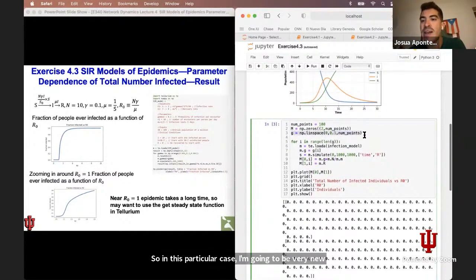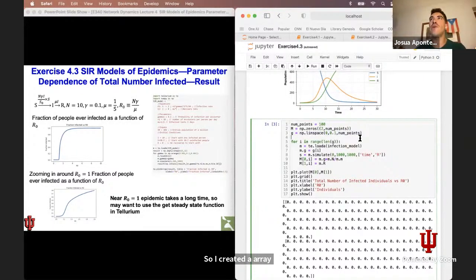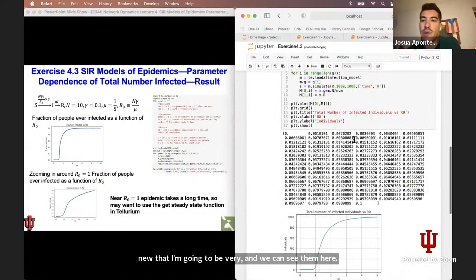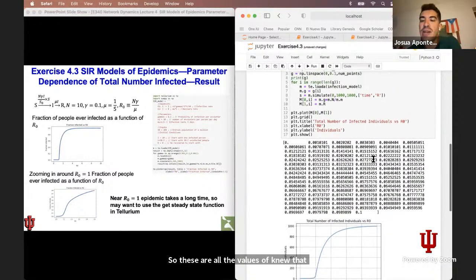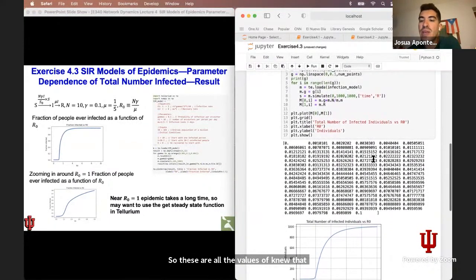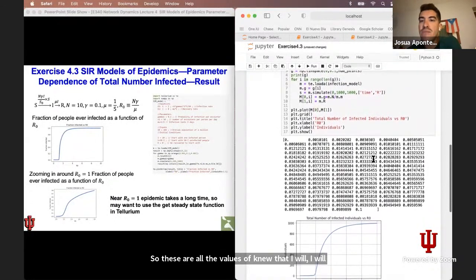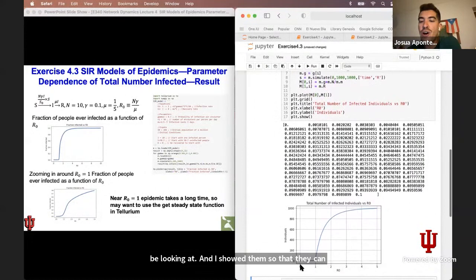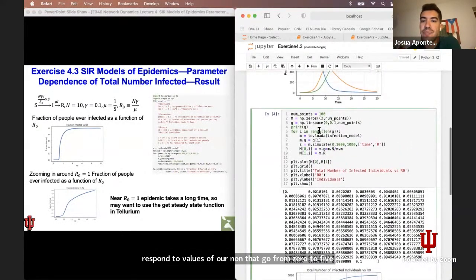So I created an array that has the different values of mu that I'm going to be varying, and we can see them here. These are all the values of mu that I will be looking at, and I chose them such that they correspond to values of R naught that go from 0 to 5.